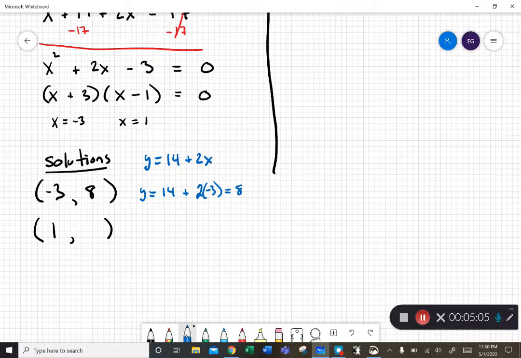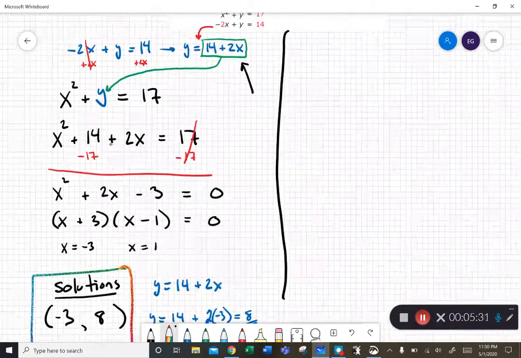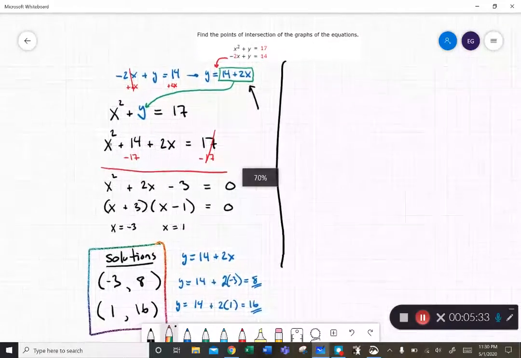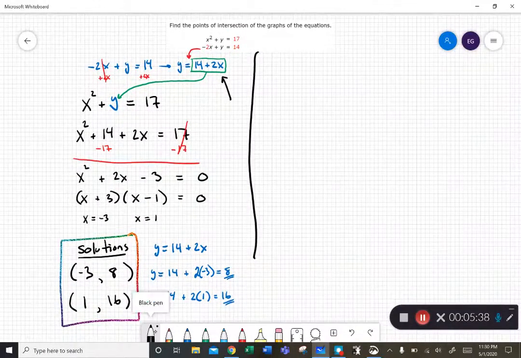And when x is equal to 1, y equals 14 plus 2 times 1, which is 14 plus 2, which is 16. Okay, so those are our two solutions, our 2 points of intersection. We could zoom in a little bit here to catch everything.